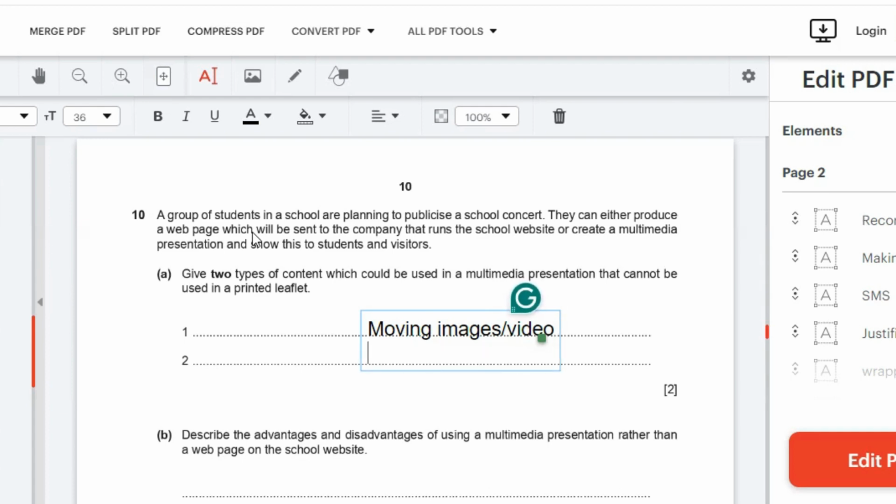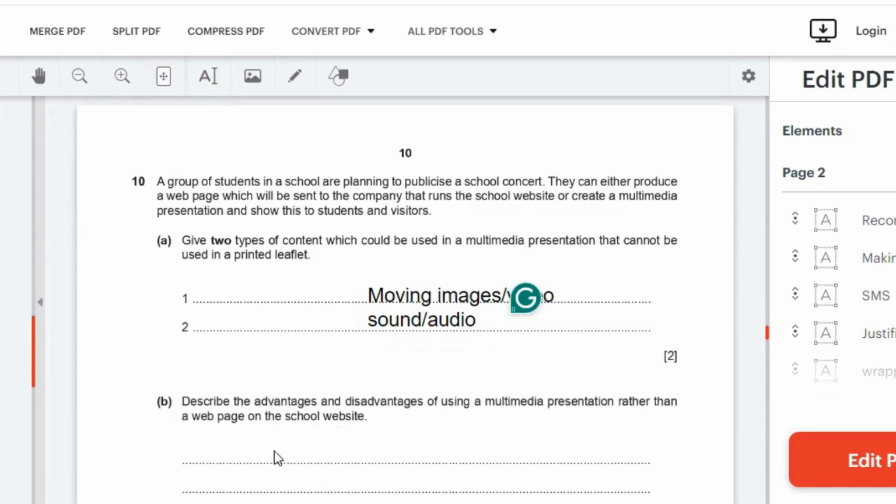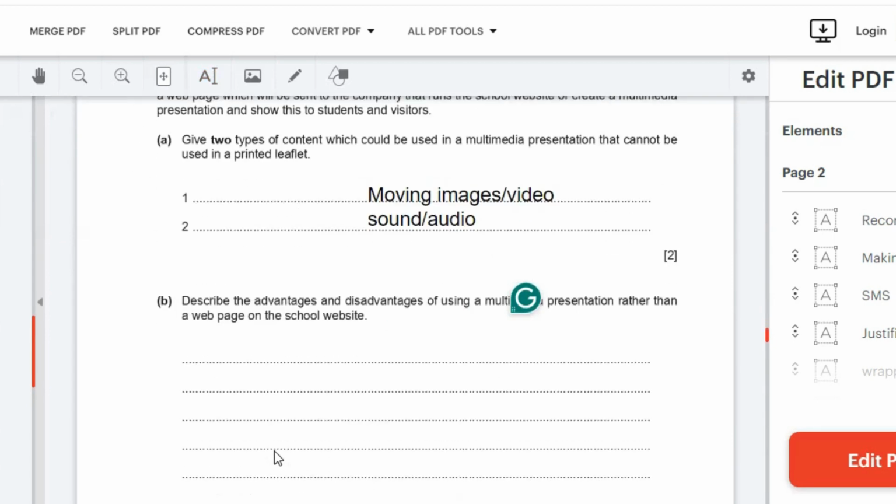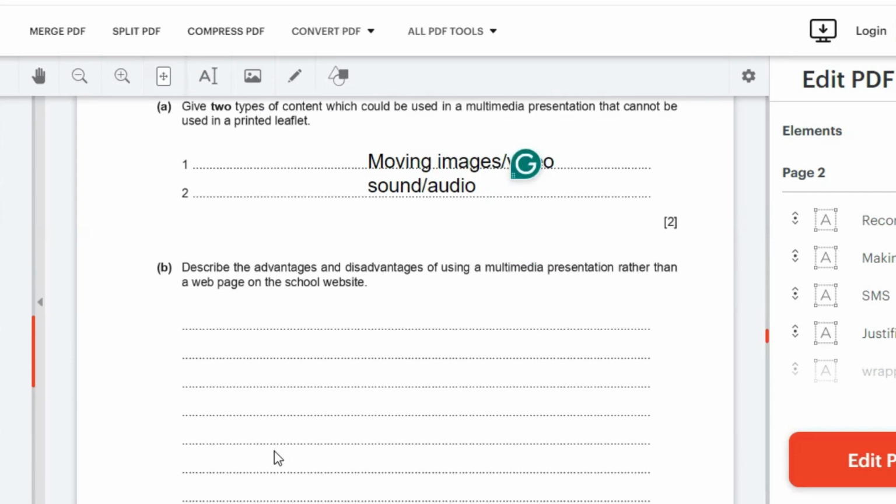Another one is sound or audio. In a leaflet, can you have sound or audio? No. But in multimedia, you can have sound and audio. And also, you can't have animation in leaflets, but you can have it in multimedia. So that completes that side.